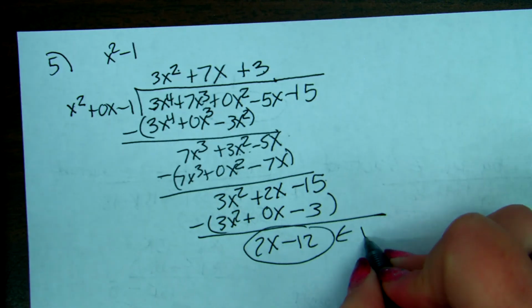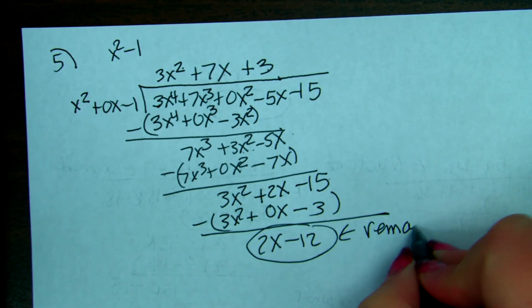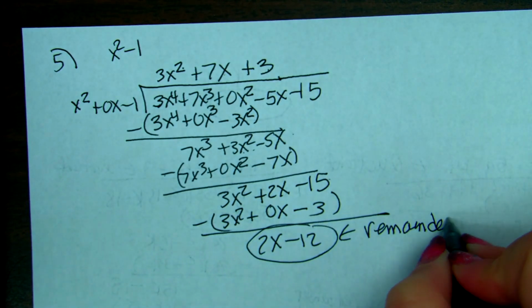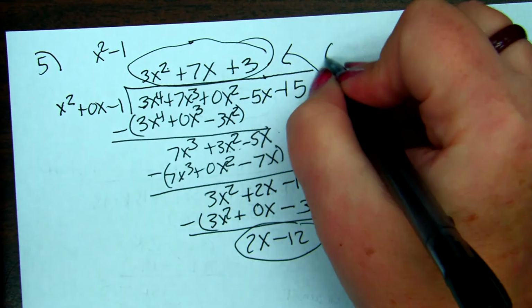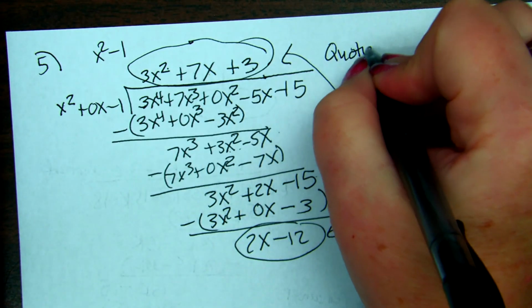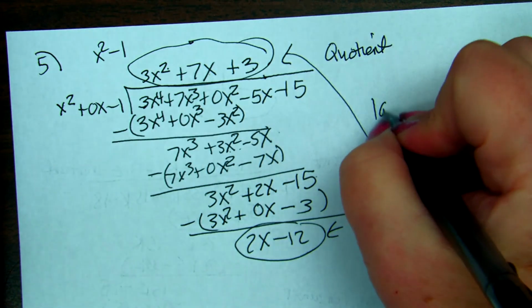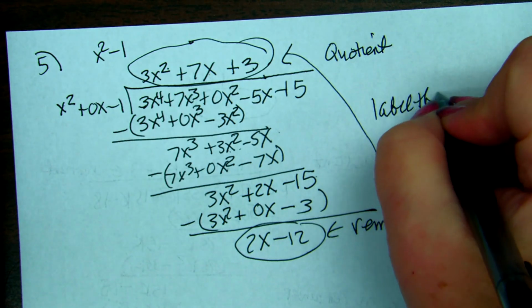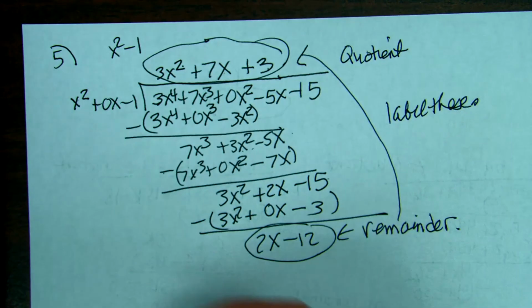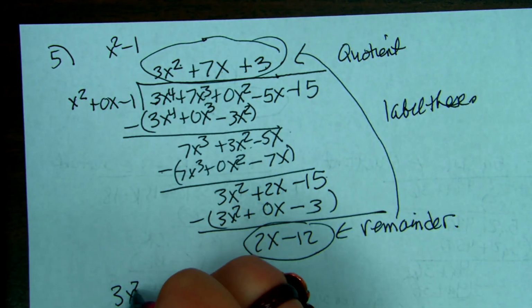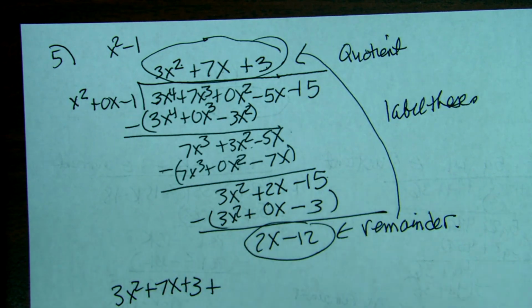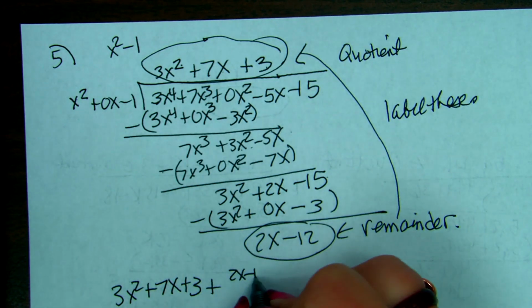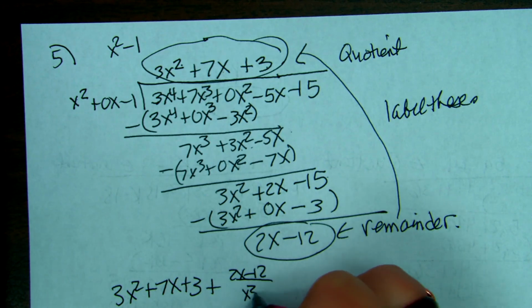That's the remainder. That's the quotient. Label these. Don't forget the placeholders, and your answer is 3x squared plus 7x plus 3 plus the remainder, 2x minus 12 over x squared minus 1.